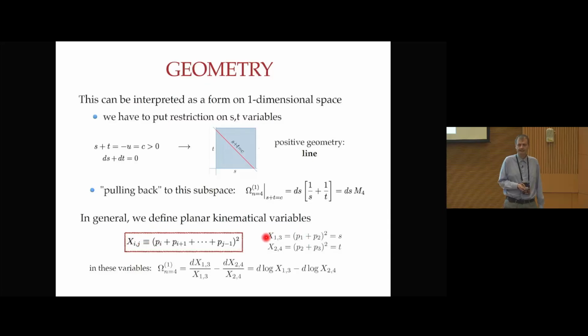Now, x1 3 is just p1 plus p2 squared. This is s for 4-point scattering. For x2 4, this is p2 plus p3 squared. This is t, again, for 4-point scattering. So in these variables, the 4-point amplitude comes from the differential form dx1 3 over x1 3 minus dx2 4 over x2 4, which you can write as a difference of two d-log forms.